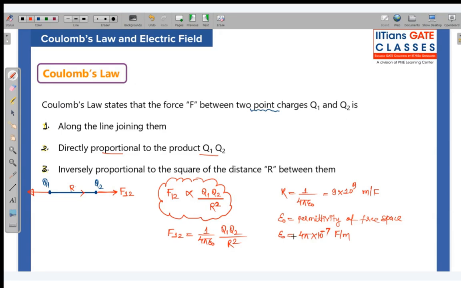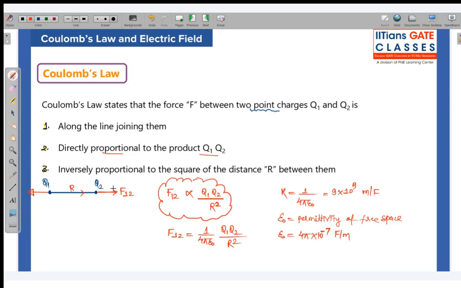Okay, so epsilon naught is equal to 4 pi into 10 to the power minus 7 farad per meter. This is the overall value. Now we have calculated the magnitude, but we don't know exactly the direction.